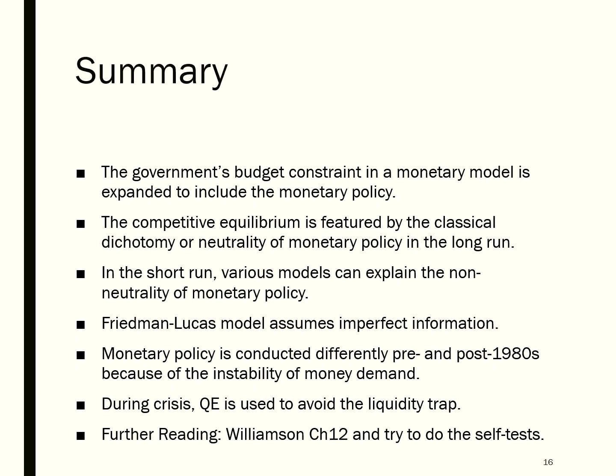For example, the Friedman-Lucas model thinks that you shouldn't intervene if not necessary. But new Keynesian models, which we are going to discuss, think that you should intervene actively using the Taylor rule.